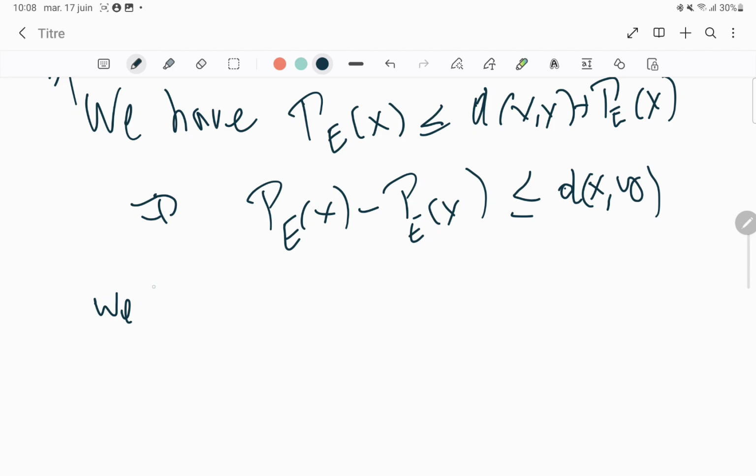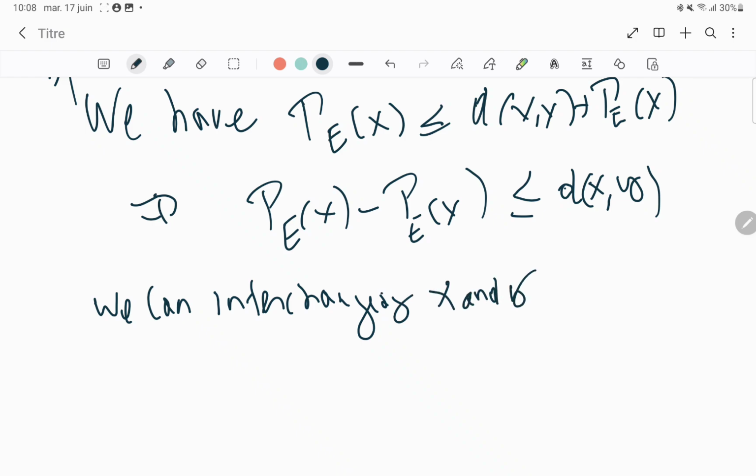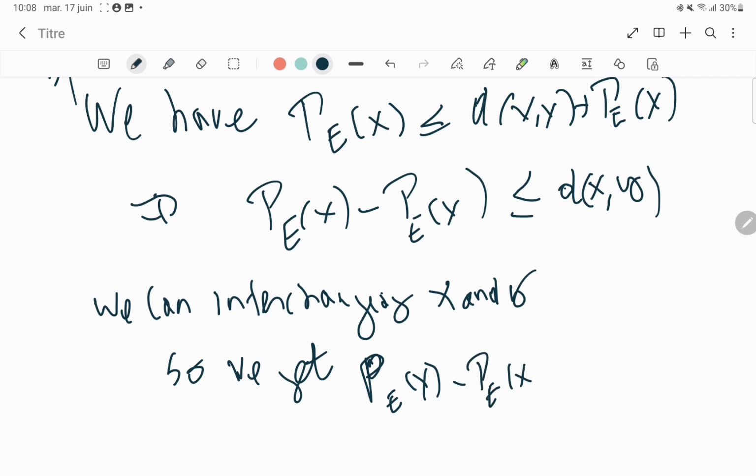We can interchange x and y, so we get ρ_E(y) minus ρ_E(x) smaller than the distance d(y, x), which equals the distance d(x, y).